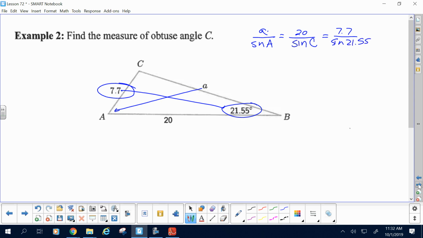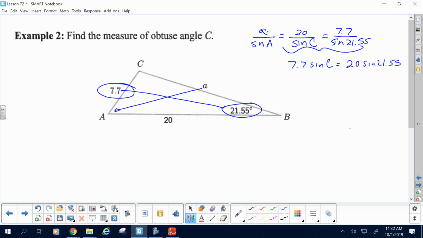So we got 3. Which 2 do I take at a time? 1 and 2, 1 and 3, or 2 and 3? 2 and 3. 1 has way too many unknowns. By cross product, I would get 7.7 sine of big C equals 20 sine of 21.55.